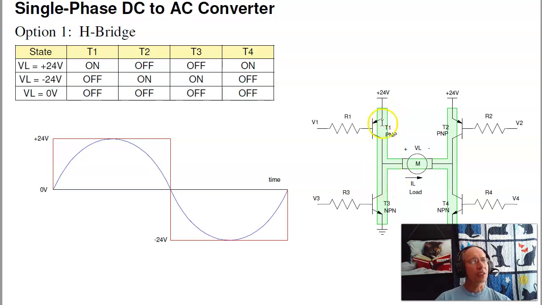One is just have T1 and T4 turn on for positive 24 volts, and then T2 and T3 turn on for negative 24. Keep switching between the two, and I can do any frequency. With AC motors, they're a little bit different than DC motors. With AC motors, the frequency is the speed, and the lead angle is torque. So here I can change the frequency or speed of the motor by outputting a square wave.